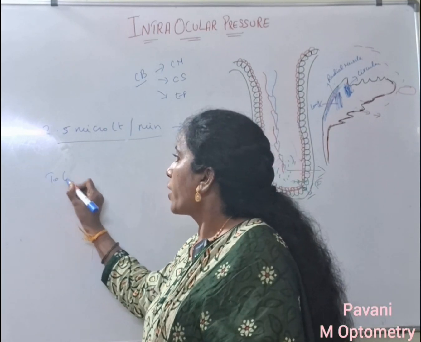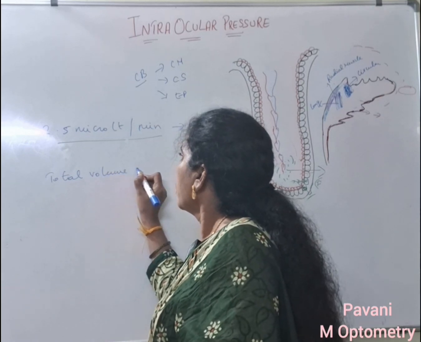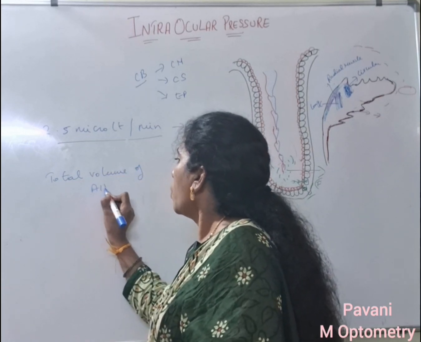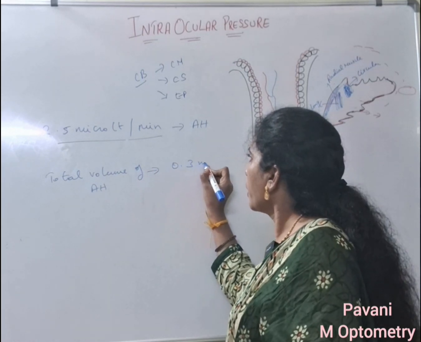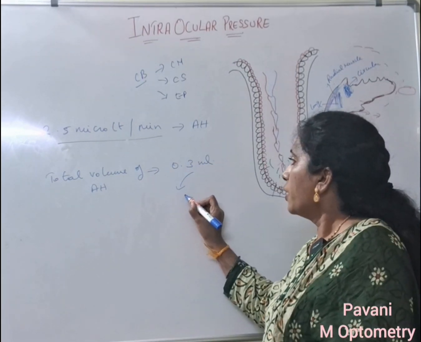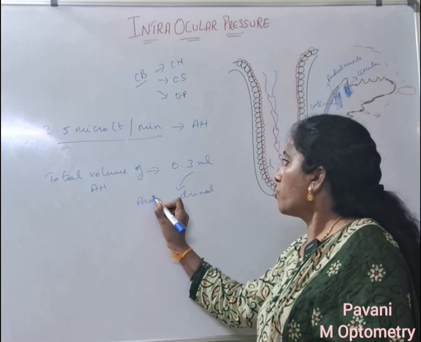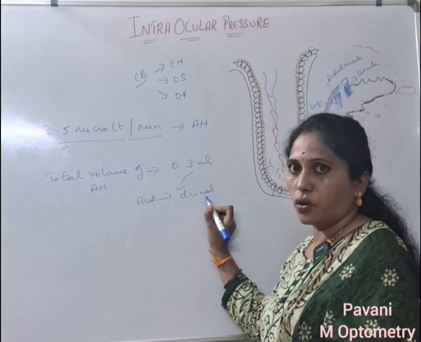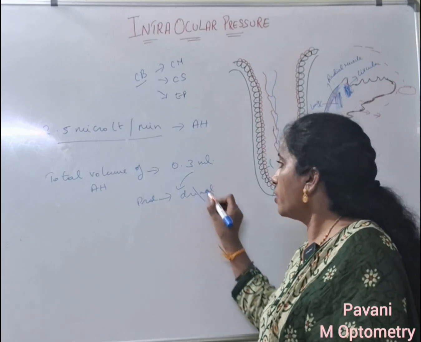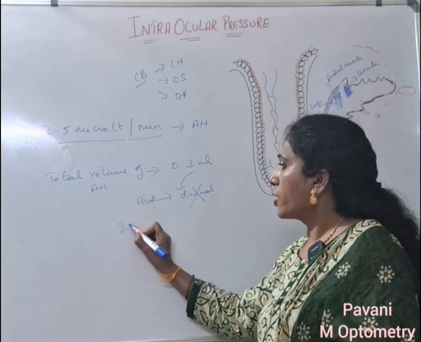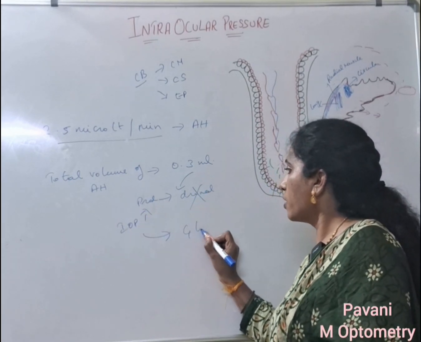The total volume of aqueous humor present inside the eye is around 0.3 ml. That should be produced and drained out continuously. Only then will the intraocular pressure be maintained. If it doesn't drain out, IOP increases, and as a result it leads to glaucoma.